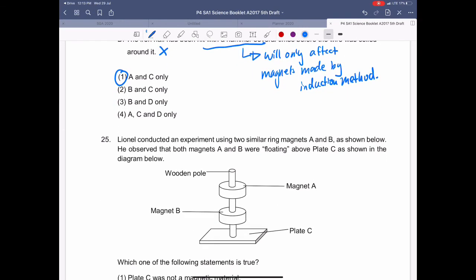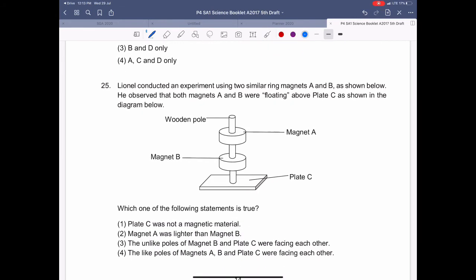Last question, right? Okay, Liner conducted an experiment using two similar ring magnets A and B as shown below. He observed that both magnet A and B were floating above plate A in the diagram below. So once again, the topic would be on magnet. You already see so many keywords already. Now, floating. So sometimes experience can help you identify the concept.